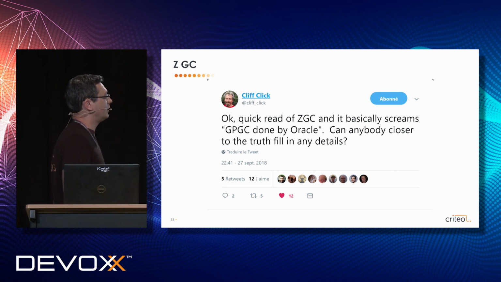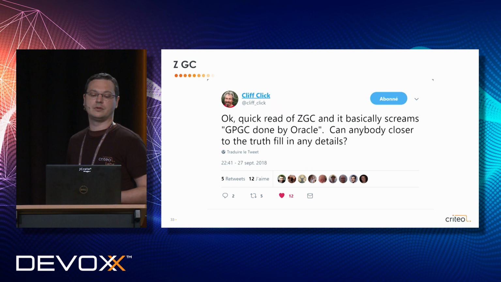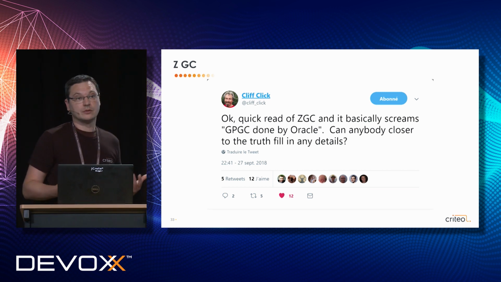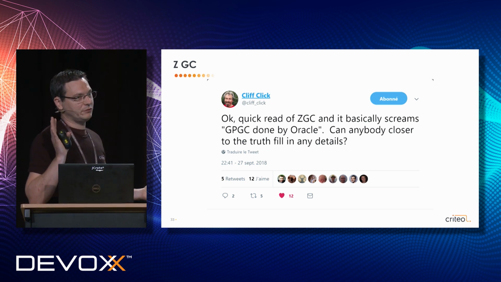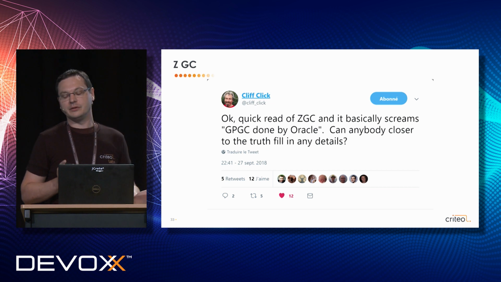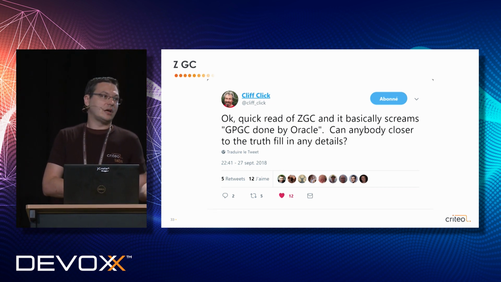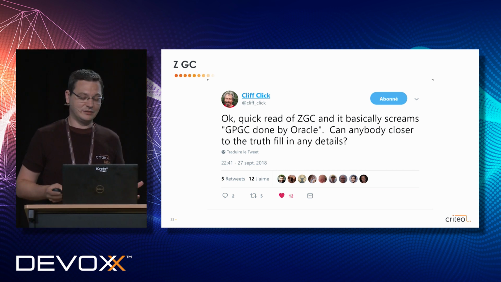He moved to Azul to work on the JIT for the Azul JVM and the C4 algorithm. So he knows about the C4 algorithm, and when he looked at ZGC, he said, wow, that's very, very similar. And in fact, it's very, very similar. So all the algorithms that we described in C4 apply basically to ZGC. So basically it's done.